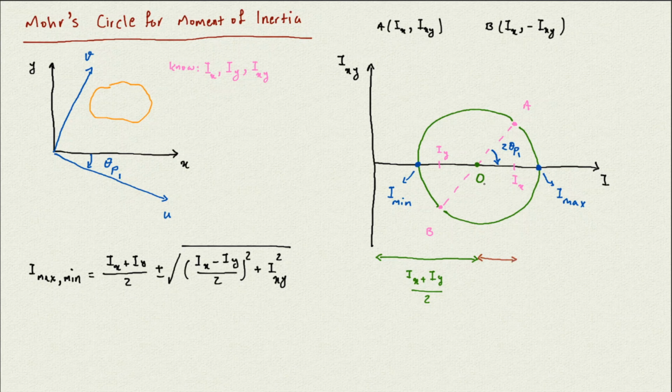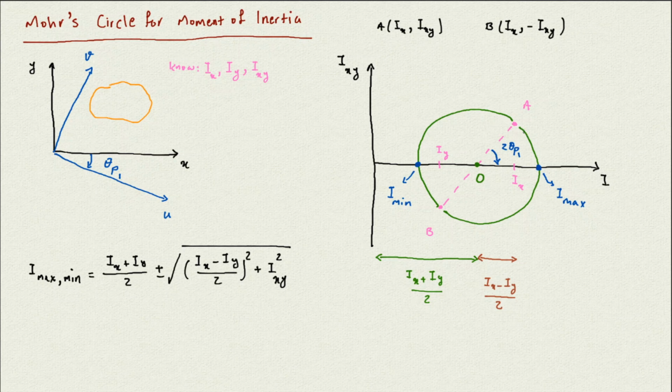This distance is going to be Ix minus Iy, which is this distance from the Iy to Ix, divided by 2. So it's half of it. So Ix minus Iy is going to be this distance, and half of it is going to be that distance here.